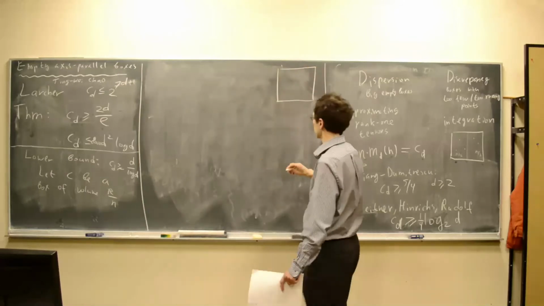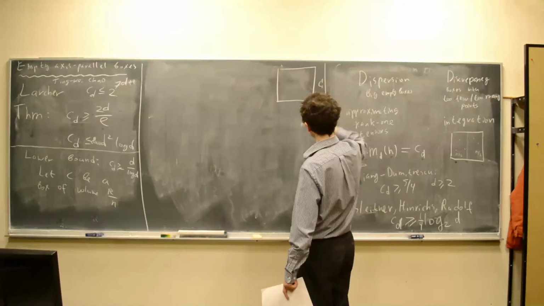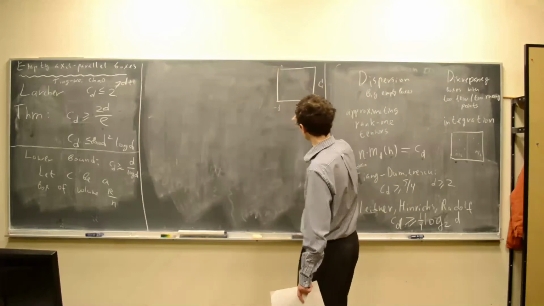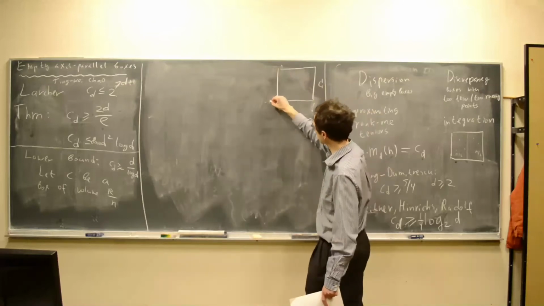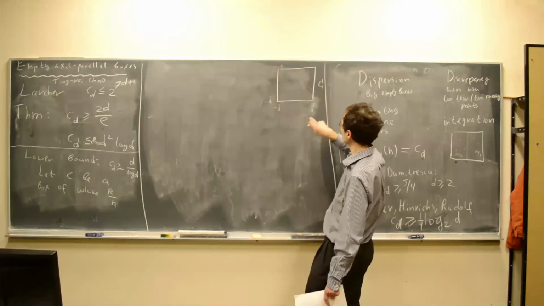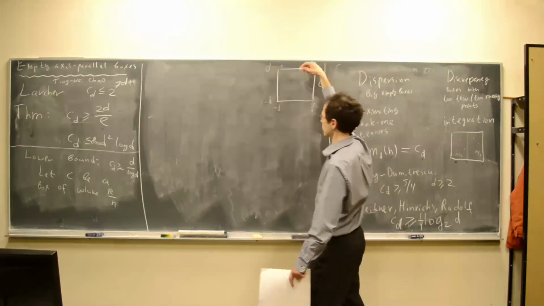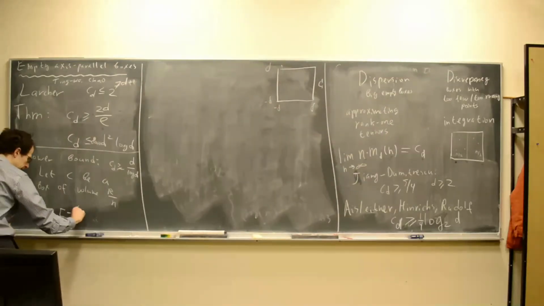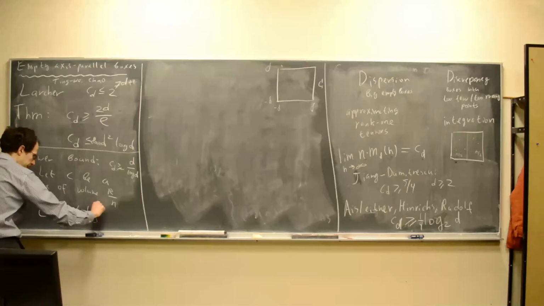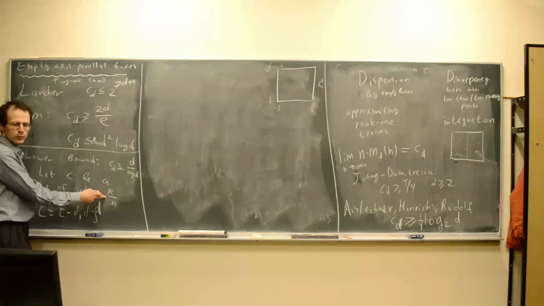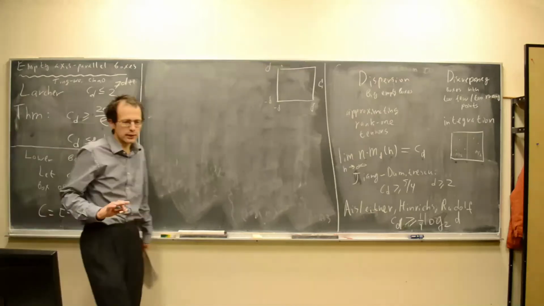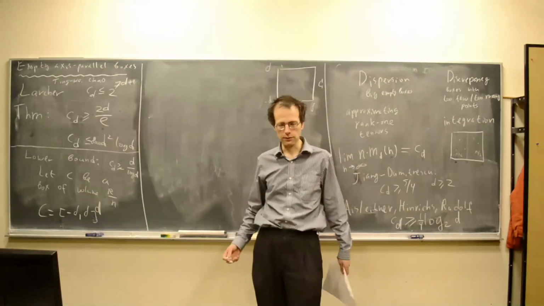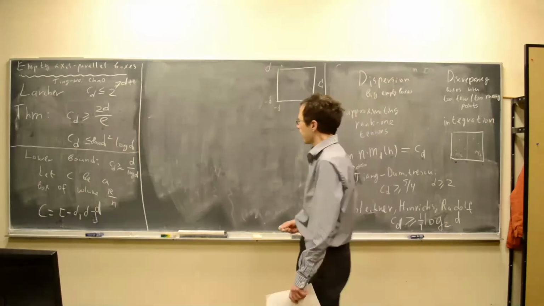This is my box C, and I will choose it so that it's centered around the origin. Its coordinates are from negative delta to plus delta in every direction. So C is from negative delta to delta to the D. And I choose delta so its volume is this. You can compute what the delta is, I'm not going to do it. We need the volume, we don't need the value of delta.